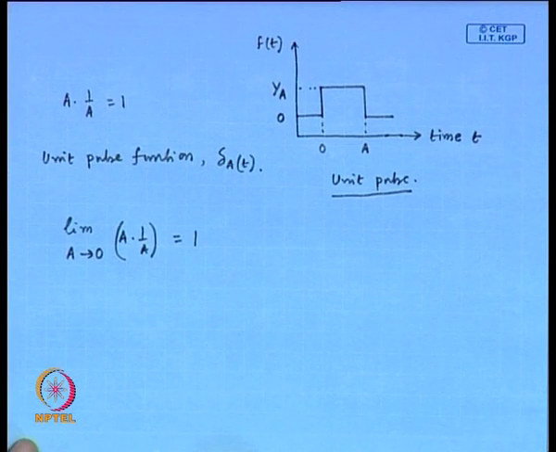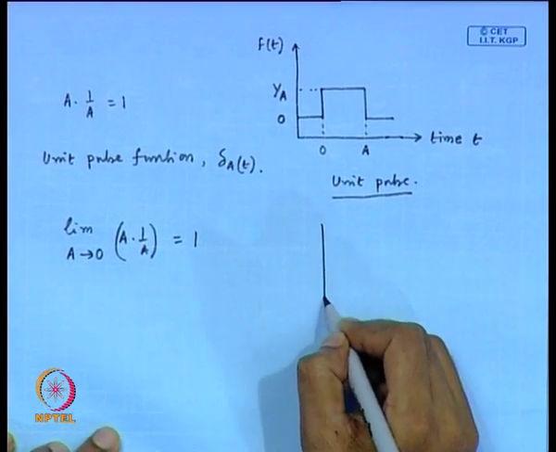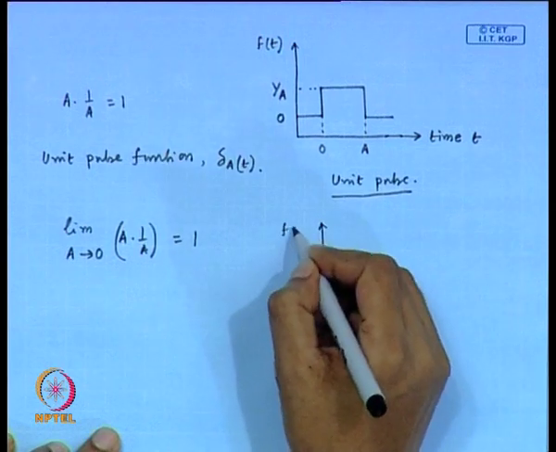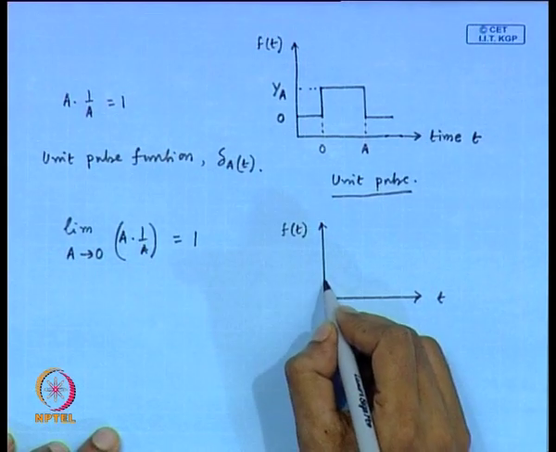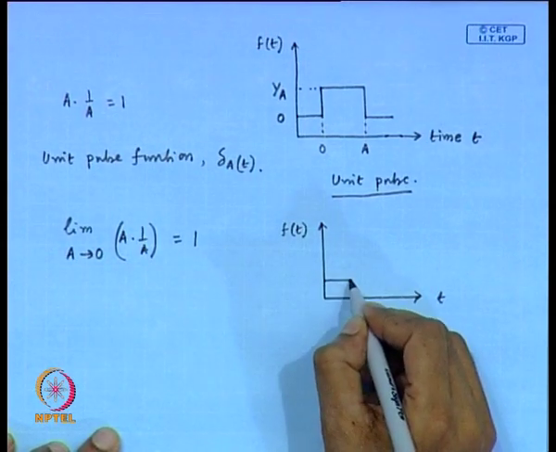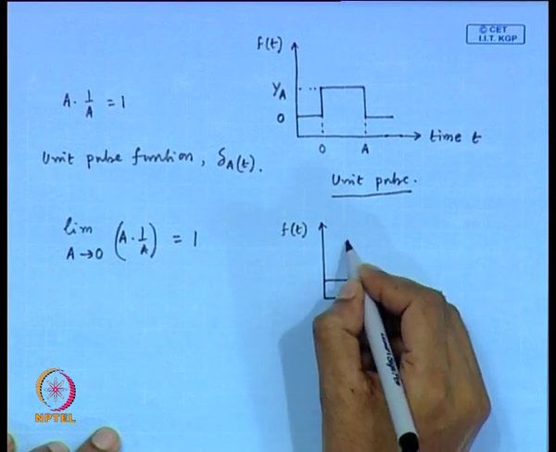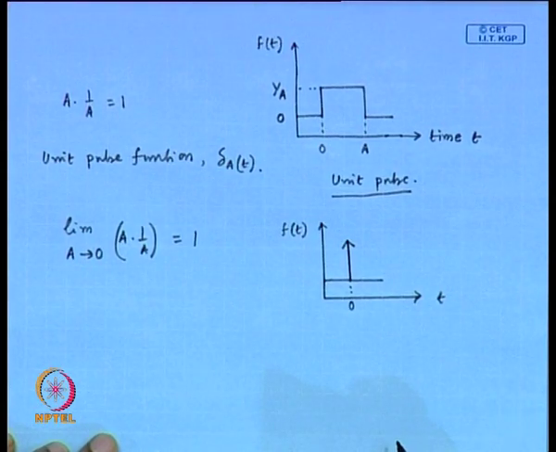How can we represent this situation graphically? The graphical representation of this is somewhat like this. This is time t equals 0.